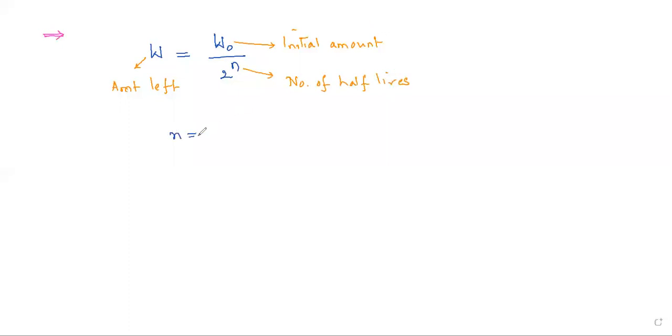Now this n can be given as t by t half, where this t is the total time and this t half is the half-life. So this also is a very important relation.